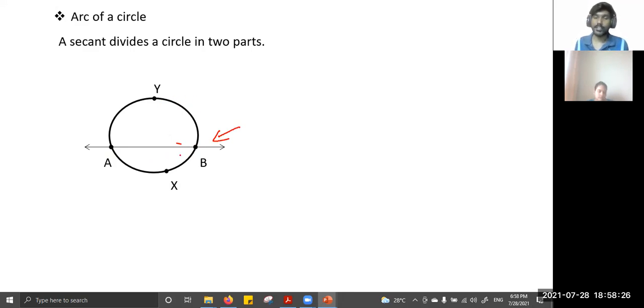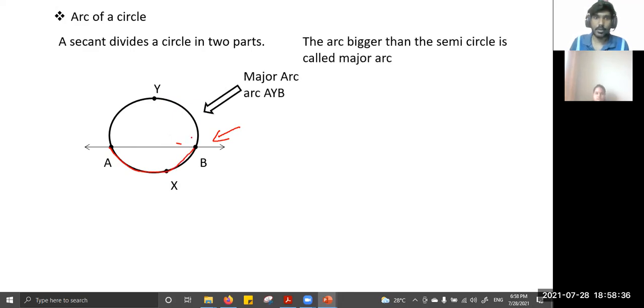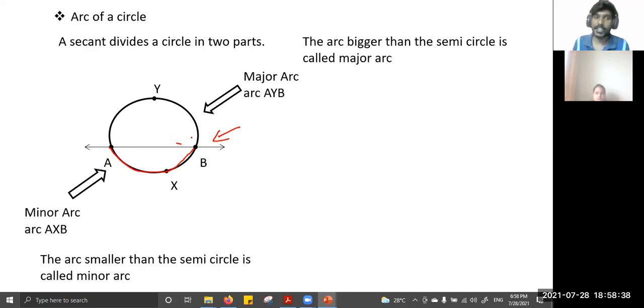Now, this line is dividing the circle into two parts. One is a smaller part, one is a bigger part. The smaller boundary is called the minor arc. Usually we use 3-letter notation, so we put one dot on this and name it X, and the minor arc is AXB.